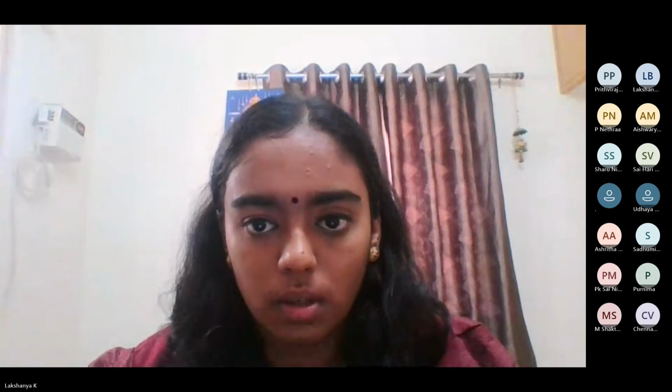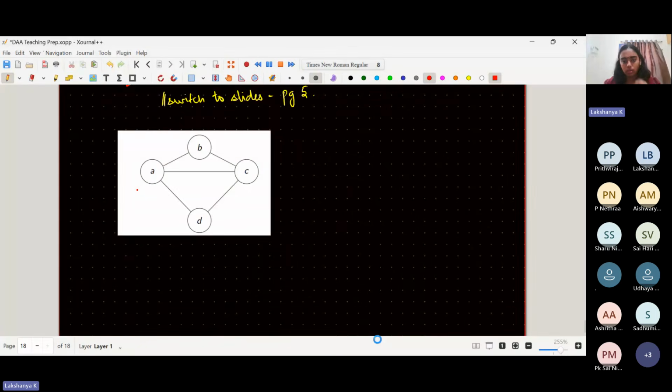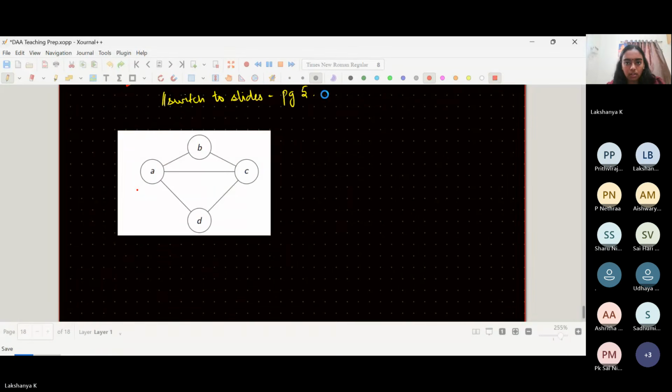Now from here, where is the window? Can you see the screen now? The notes page. Yes. Okay, this is the graph.